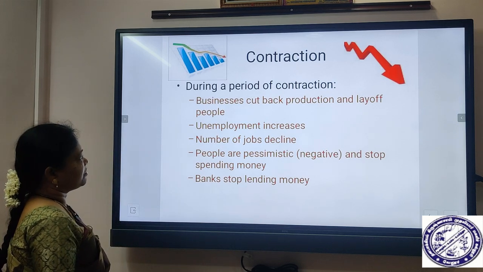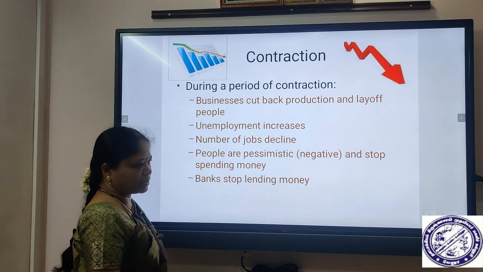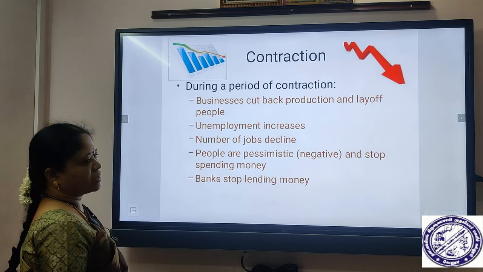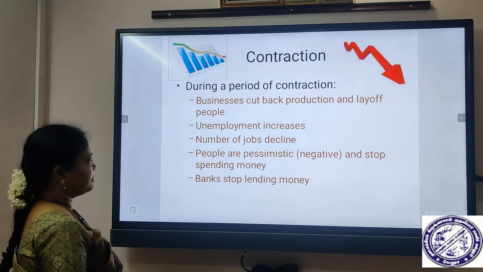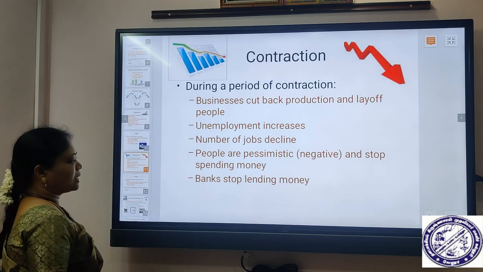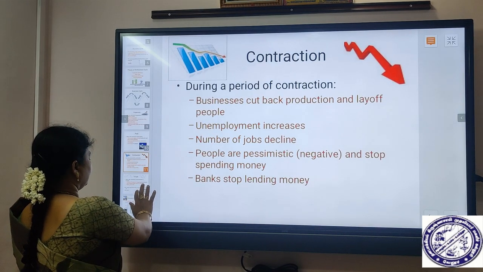Contraction is the phase where businesses cut back production and layoffs of workers will be there, unemployment increases, the number of jobs will decline in the economy, the attitude of the people will be pessimistic and banks will stop lending more money to the public.